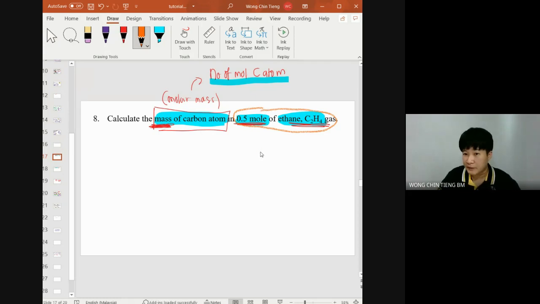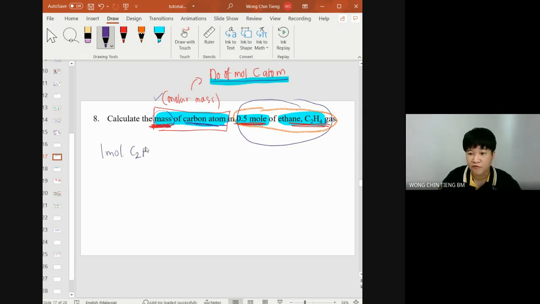Nampak soalan? So, bila kamu baca soalan, kamu roughly patut ada idea, okay, yang saya nak adalah mass. Saya kena guna molar mass. So, kalau saya nak mass untuk carbon atom sahaja, saya kena ada number of mole untuk carbon atom. Betul? So nak dapat number of mole carbon atom, cari daripada dia lah. So 1 mole of ethane, C2H4.